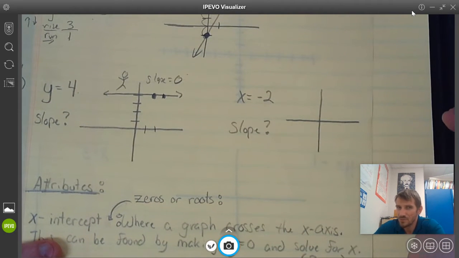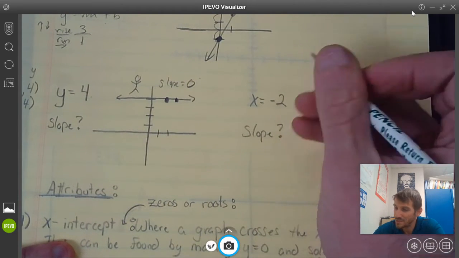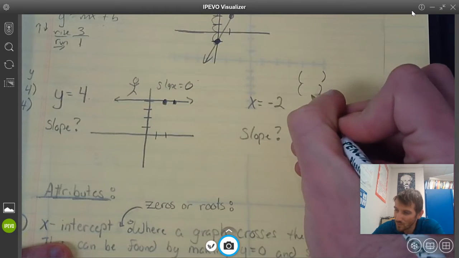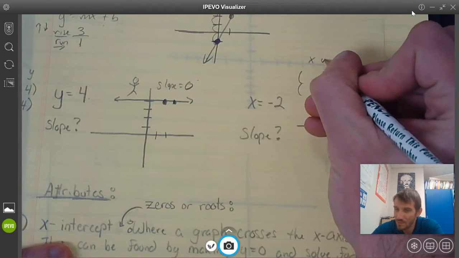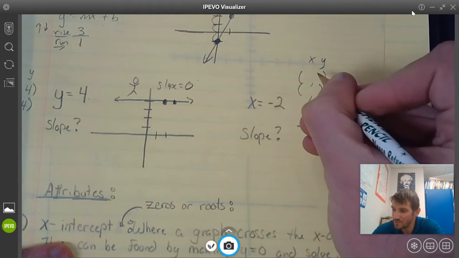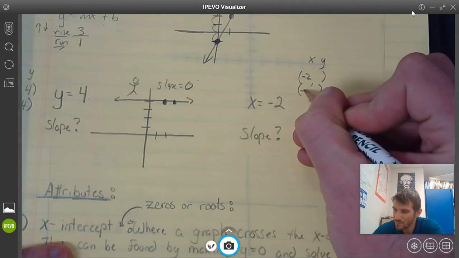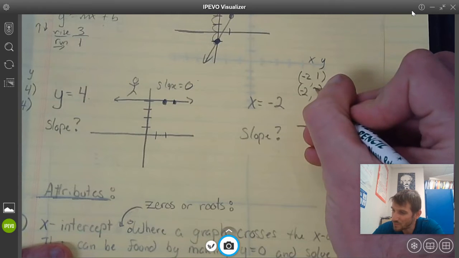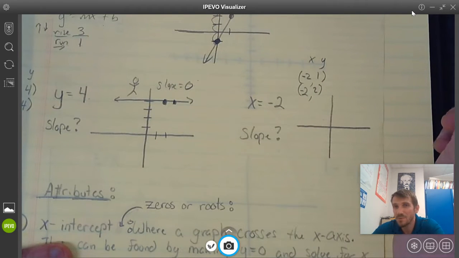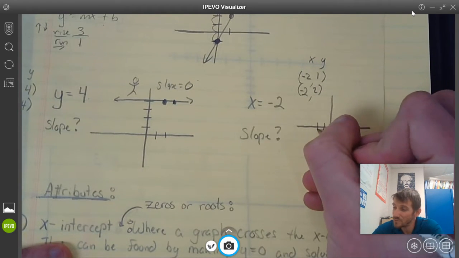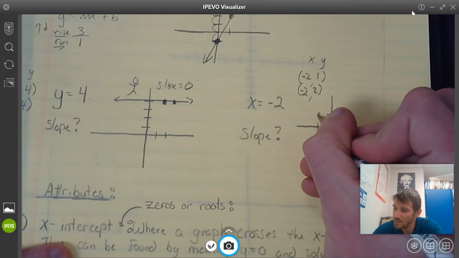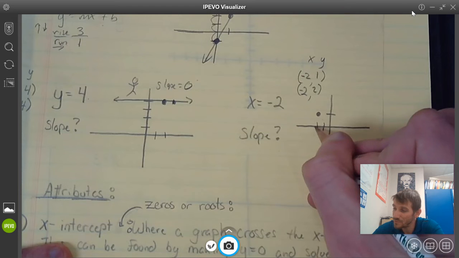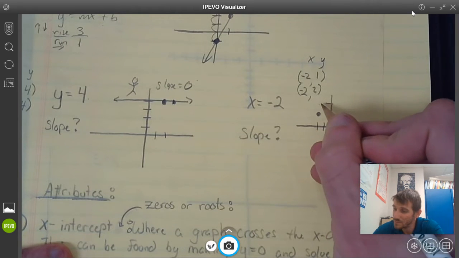Now, this one, your equation is x equals negative 2. Again, I struggle remembering them, so what I do, again, is make 2 points, like this. And what do I know about these points? Well, my x is always going to be negative 2. I can make up anything for my y's. I'm just going to put 1 and 2 in. And I'm going to plot those points. So negative 2, 1 is here. And negative 2, 2, it's negative 2, positive 2.